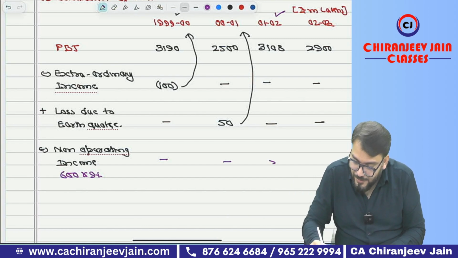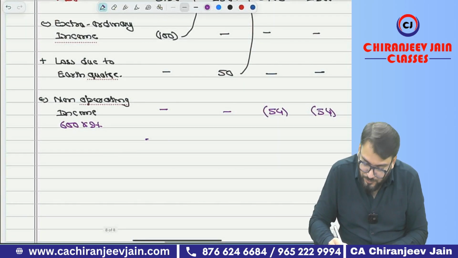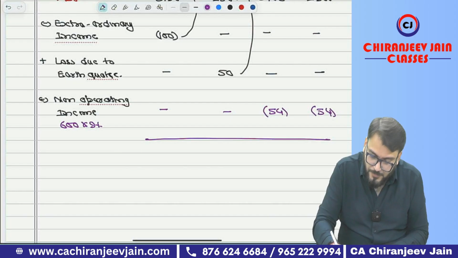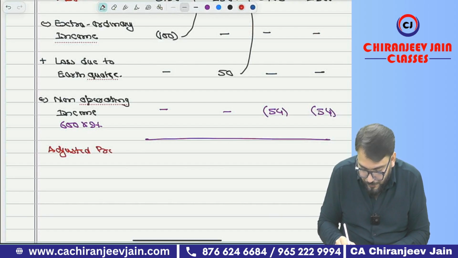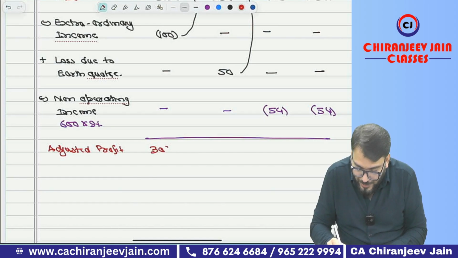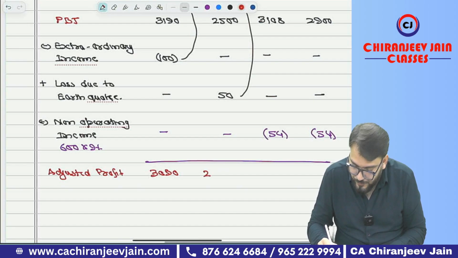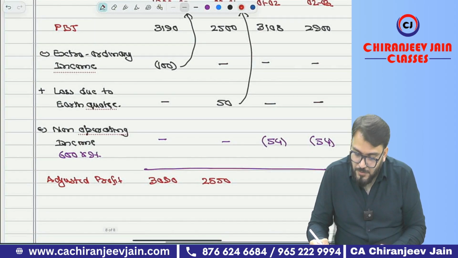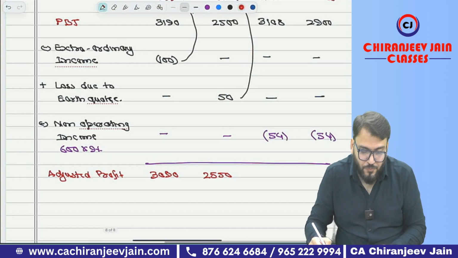We will do minus 54 and minus 54 for the third and fourth years. So this will become your adjusted profit. How much? It is 3090, then 2550, then 3108 minus 54, which is 3054.